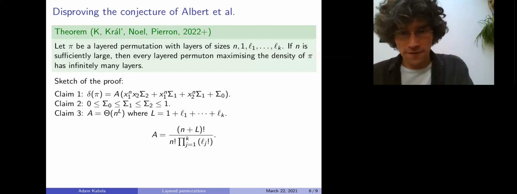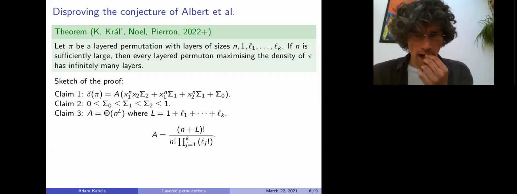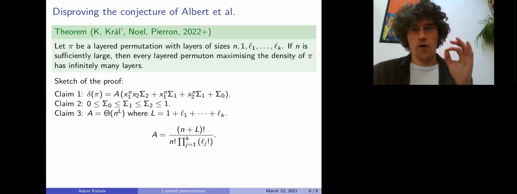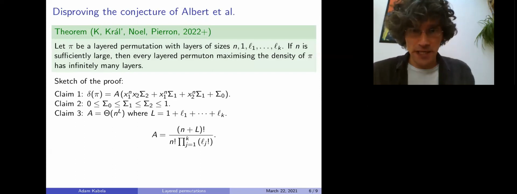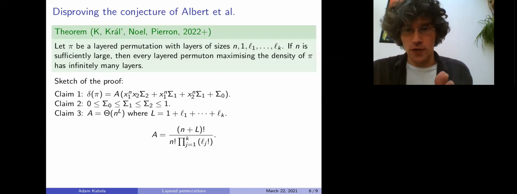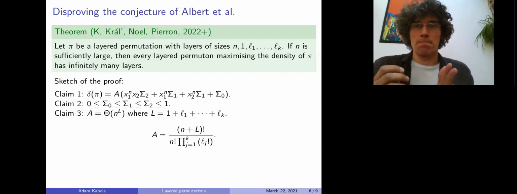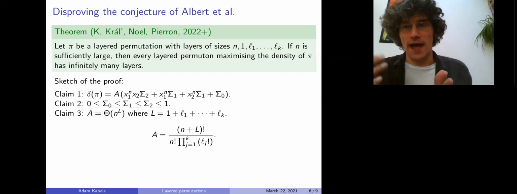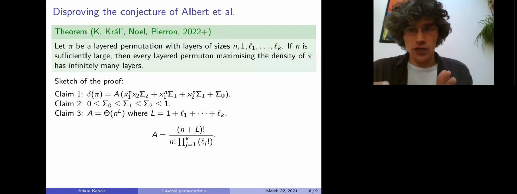So recall the definition of the A, and for the sake of simplicity, in proving this theorem, we would not give an explicit threshold on n. We would only show that such n exists, right? We would only show that this works for sufficiently large n.